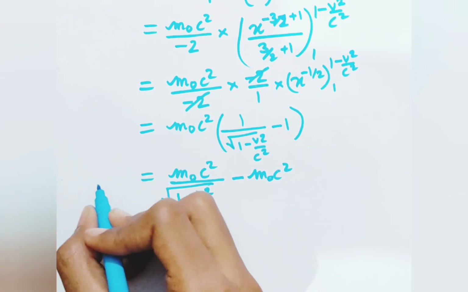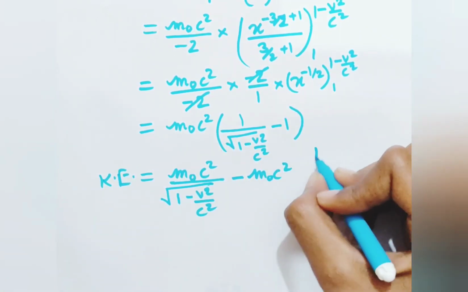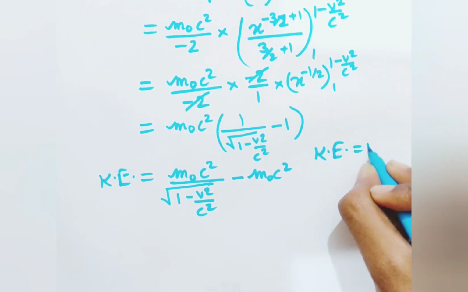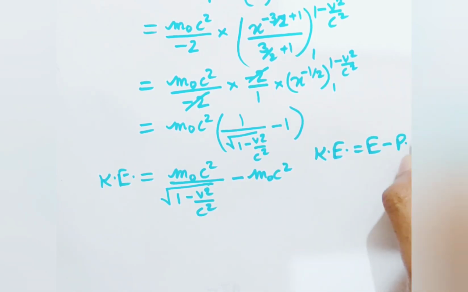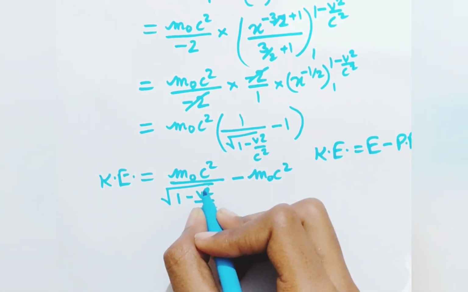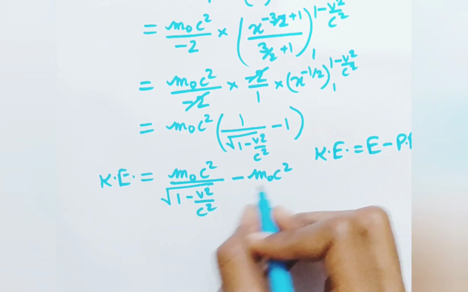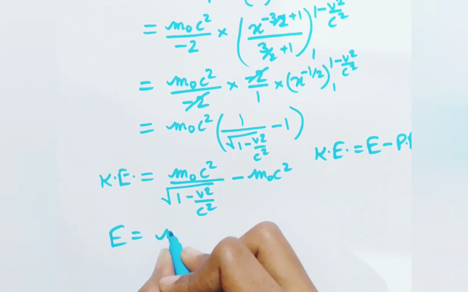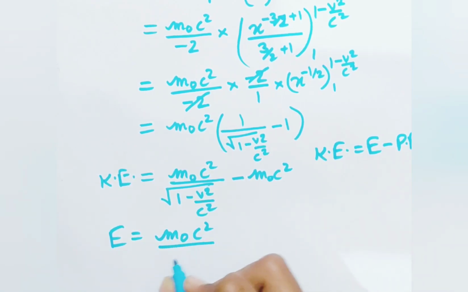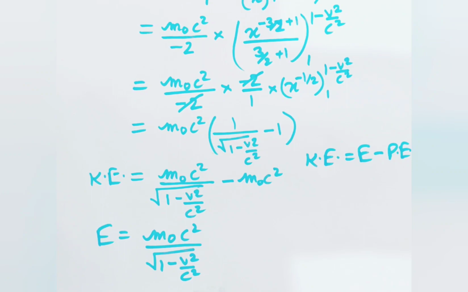So we notice that kinetic energy is equal to this term, and we also know that kinetic energy is equal to total energy minus the potential energy. So we can say that this is playing the role of total energy and this is the potential energy. So total energy is just m naught c squared divided by the square root of 1 minus v squared over c squared. That's how you derive the relativistic energy equation.